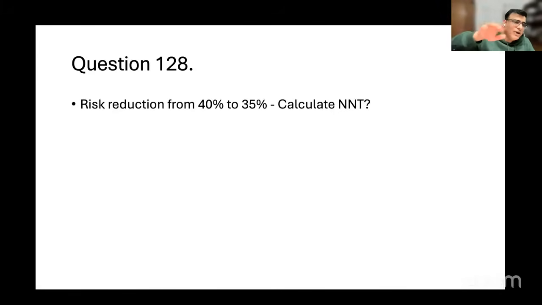So 1 by 0.05 is 20. So the number needed to treat in this scenario would have been 20. If 20 was there in the option, that would have been the correct answer. Not sure what was there in the options, but according to my calculation, 20 should have been the answer.